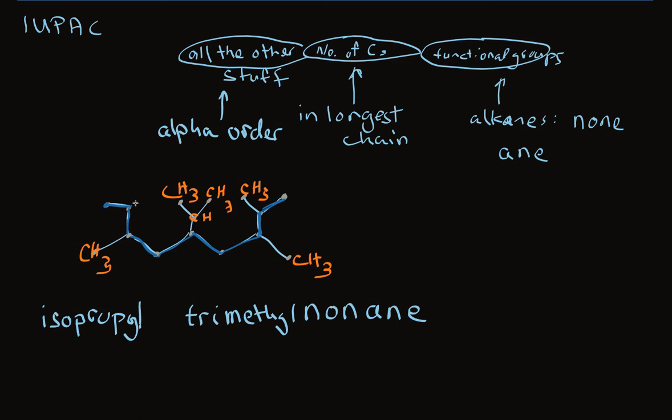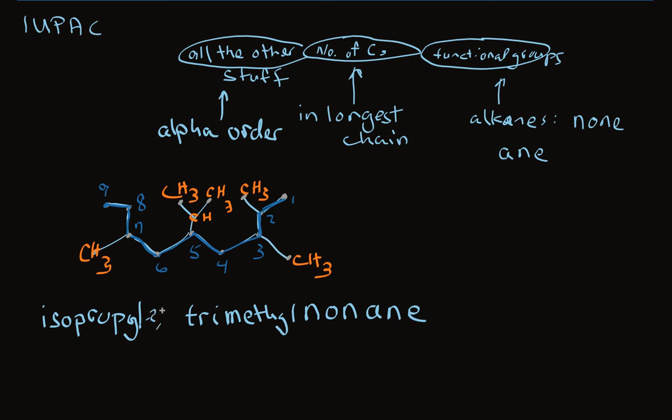Here we go 1, 2, 3 carbons before we get to something. Here we go 1, 2 carbons. So this will be the end we number from, 1. And we'll number every carbon. Now we can say that those methyl groups are in the 2, 3, 7 carbons.